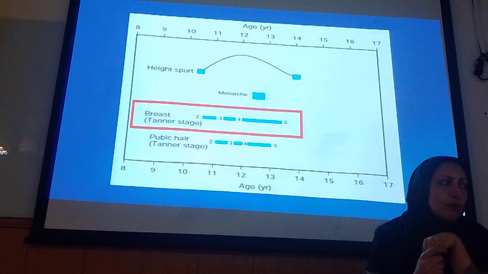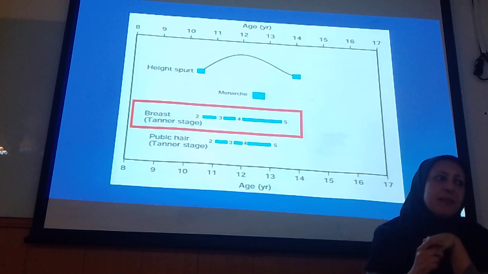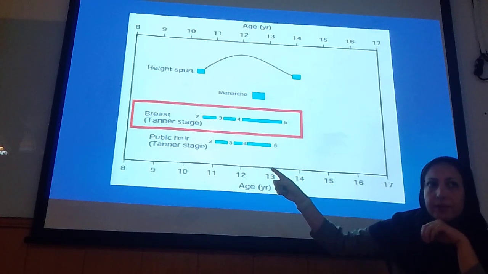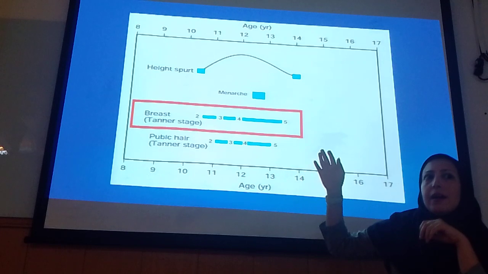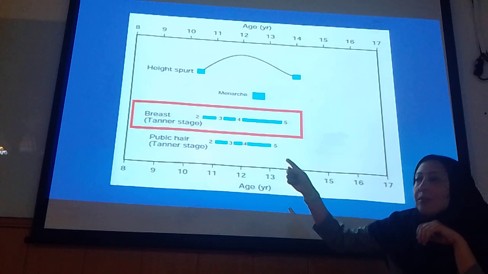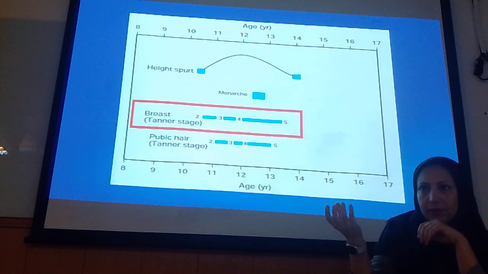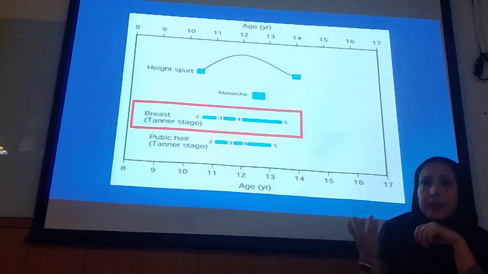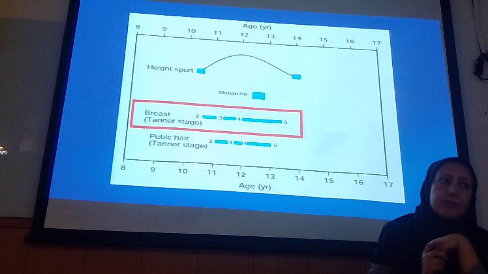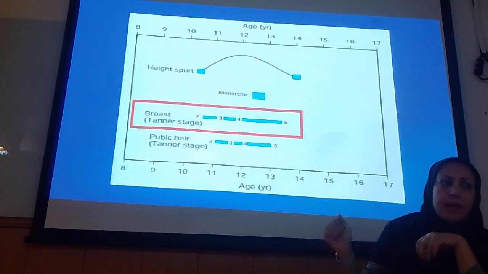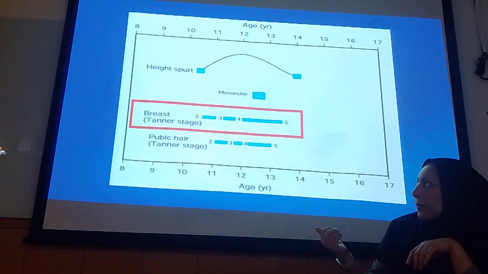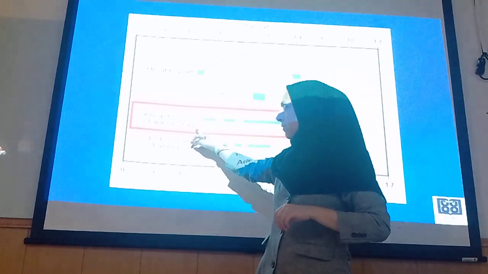Okay, go to the slide for girls. In girls, the breast bud is the first change in sexual development. The breast bud formation is the first change for girls. The pubertal growth spurt typically occurs concurrently, peaking at breast stage 3, and then pubic hair appears. The first is breast, second is pubic hair.